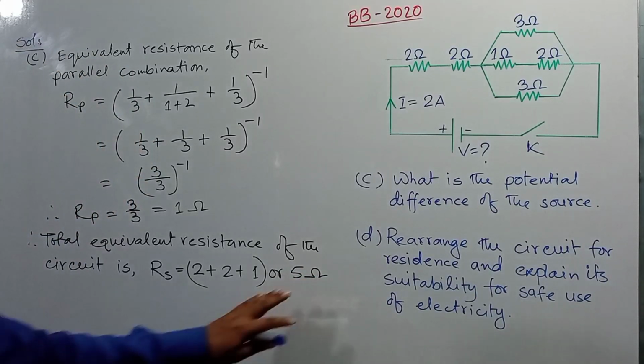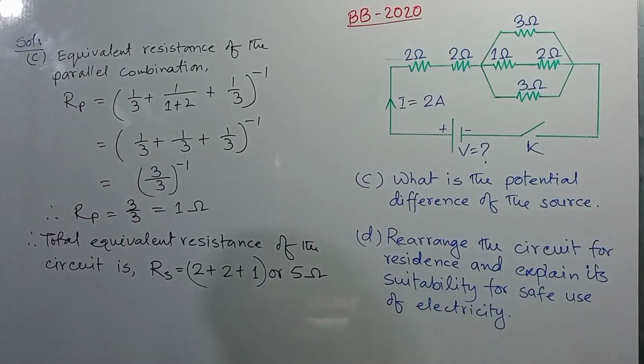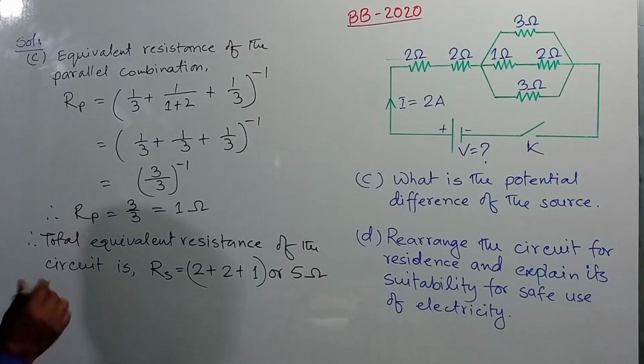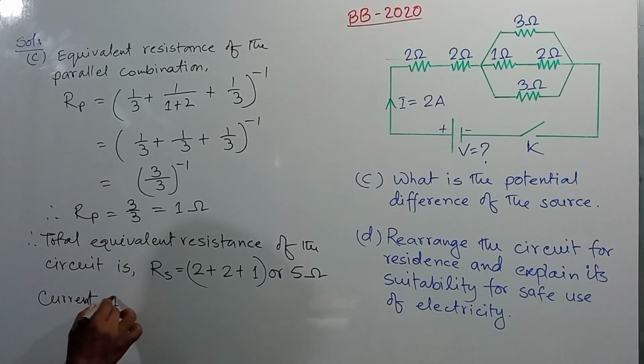So this is the equivalent resistance of the circuit, and the electric current I is given here. So current I is equal to 2 ampere.